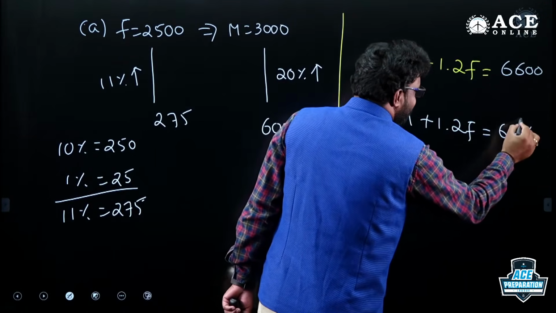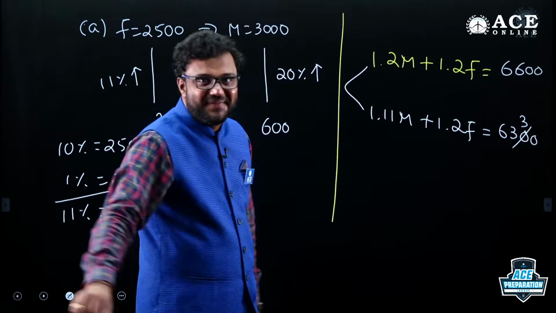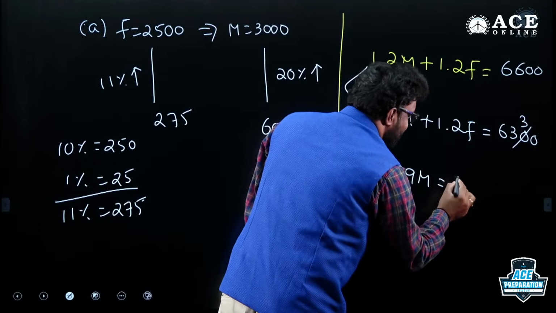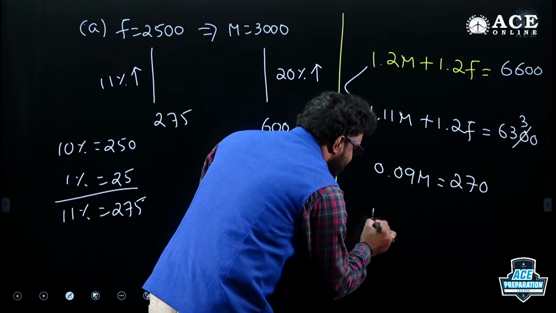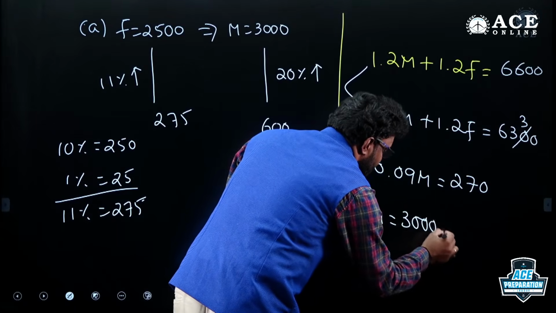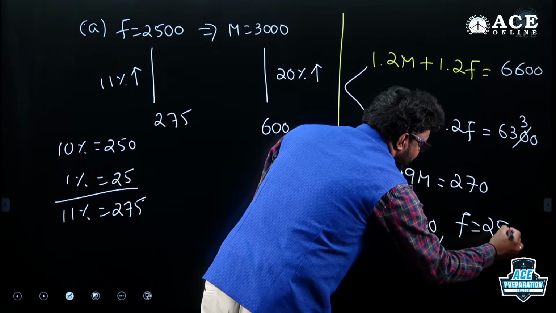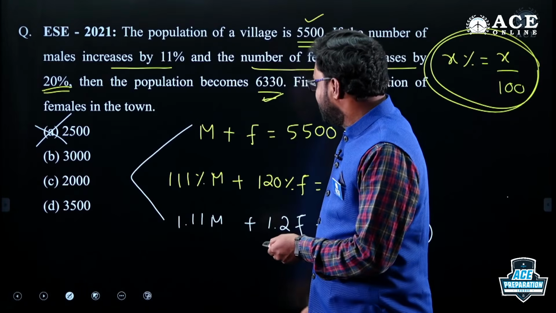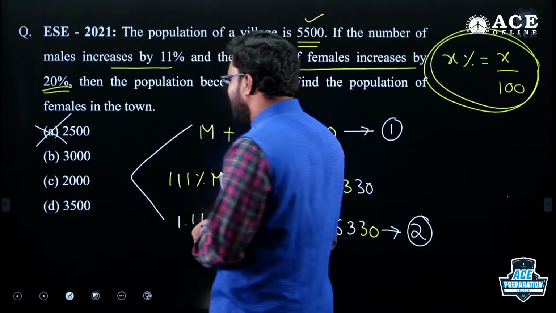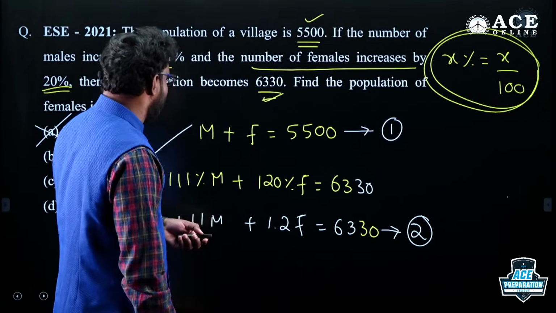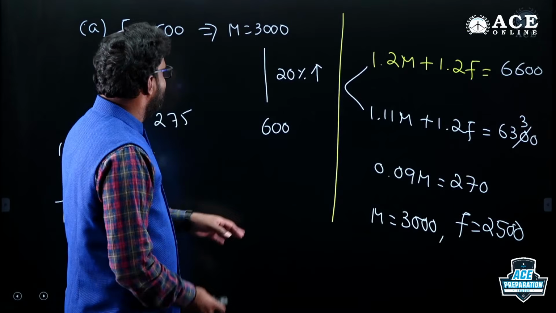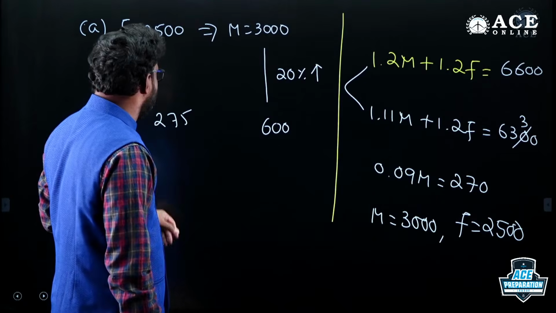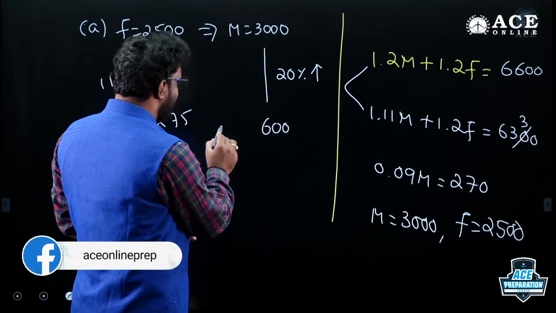If we take the difference between these two, we get 0.09 males, and the difference is 270, my dear friends. Now males is nothing but 3000, and female is nothing but 2500. Male 3000, female 2500. Same thing here. 20% increase, this is 11% increase, 275. Together we got 875 increase here.